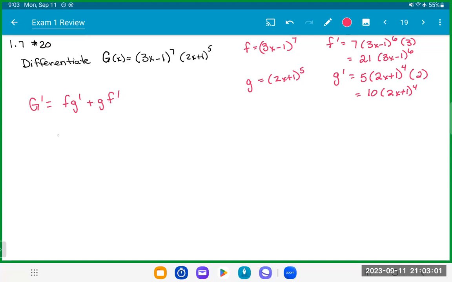So we have (3x − 1)^7 times, in a bracket since there's a parentheses here, 10(2x + 1)^4, plus (2x + 1)^5 times 21(3x − 1)^6.